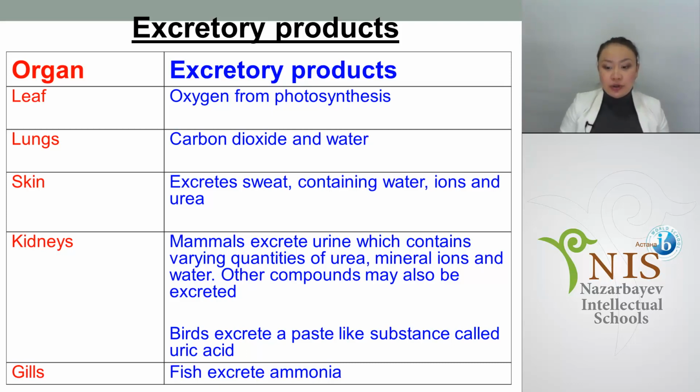Kidneys: mammals excrete urine, which contains varying quantities of urea, mineral ions and water. Other compounds may also be excreted. For example, birds excrete a paste-like substance called uric acid. Gills: fish excrete ammonia.